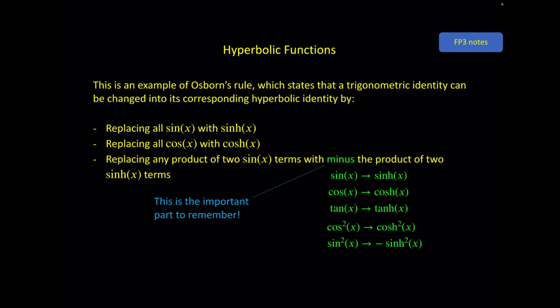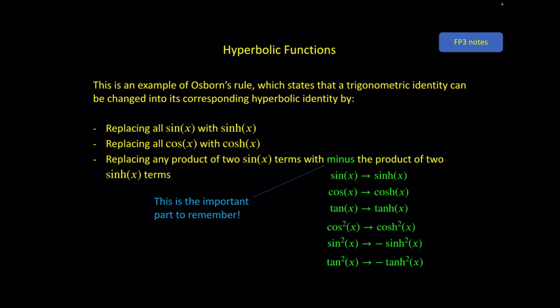Even easier to forget is that it's not just sin x terms multiplied together, it's if there's an implied sin x term multiplied by a sin x term, which means tan squared, because if you just expand that out, tan squared is sine squared divided by cos squared.